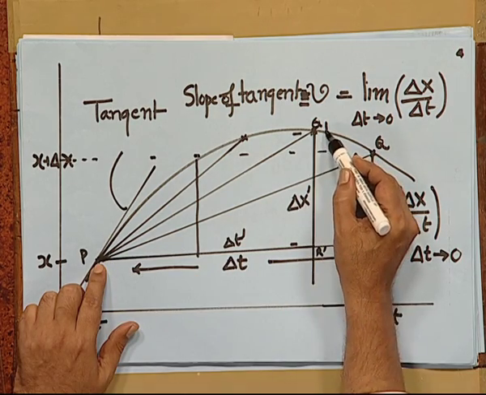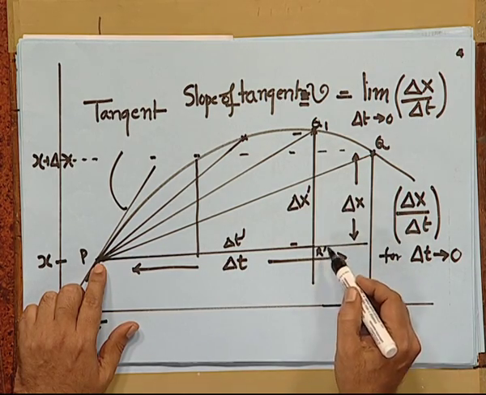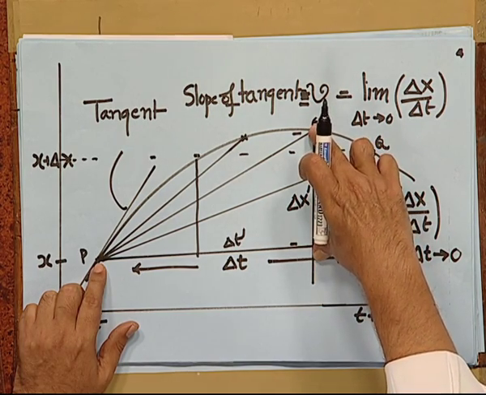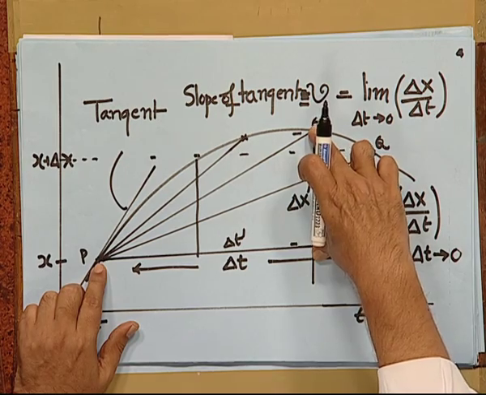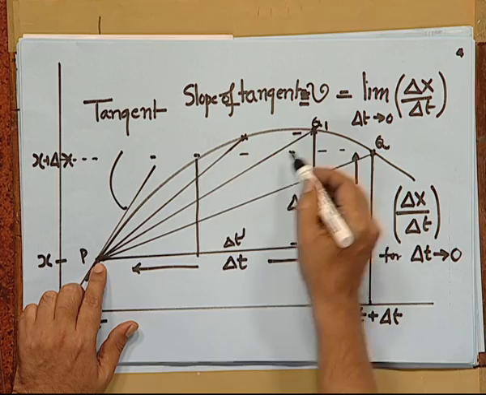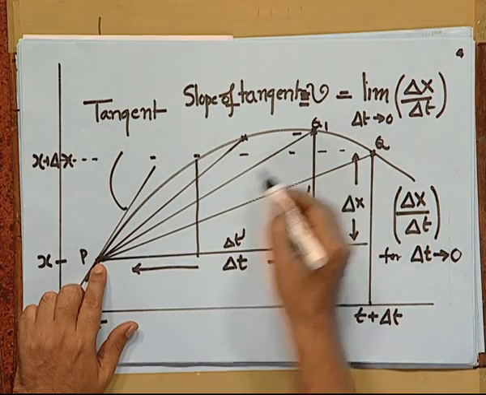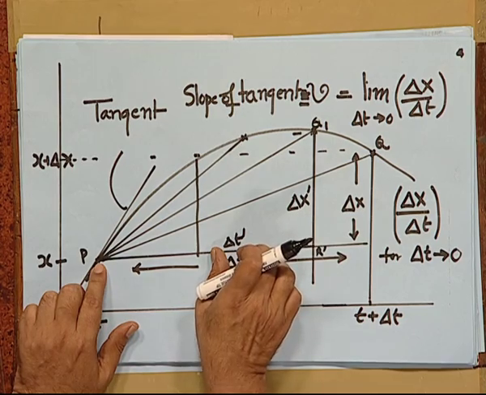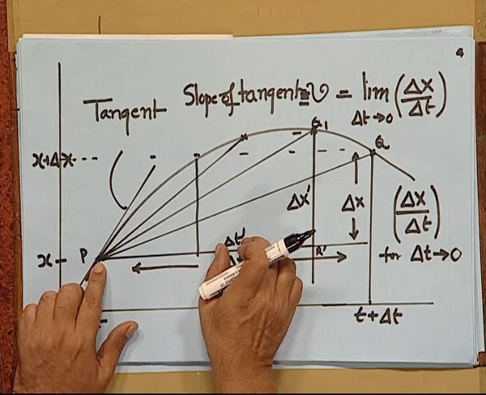Now, delta x dash is the height of this triangle and delta t dash is the base of this triangle, and the slope of the line P Q dash is delta x dash by delta t dash, which is the average velocity in that interval of time delta t dash.